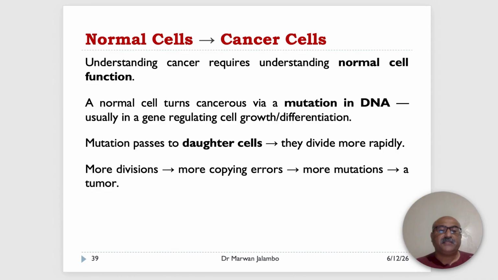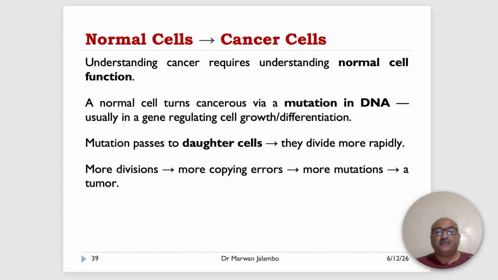And here is the vicious cycle. The more they divide, the more copying errors accumulate, creating more mutations and more abnormality. A snowball becoming a tumor.